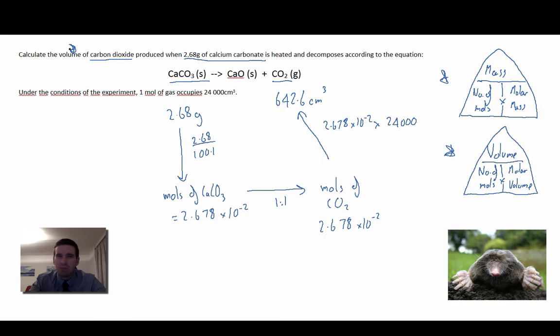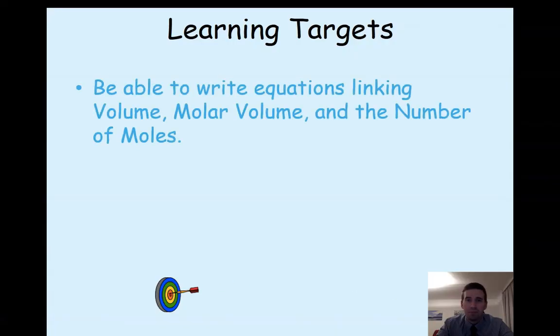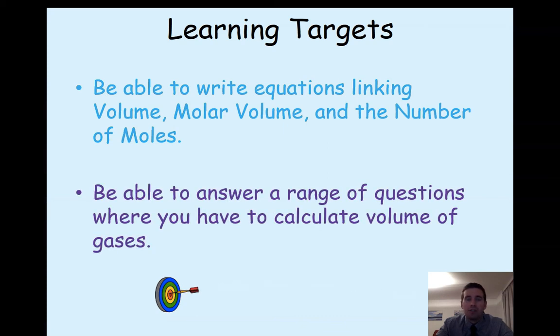It's the same process. So hopefully you can now write down the equations linking volume, molar volume, and the number of moles using the calculation triangle we looked at. And you should be able to answer a range of questions. We looked at two different types of question, and hopefully you will have no problems in working out volumes in either of those scenarios.